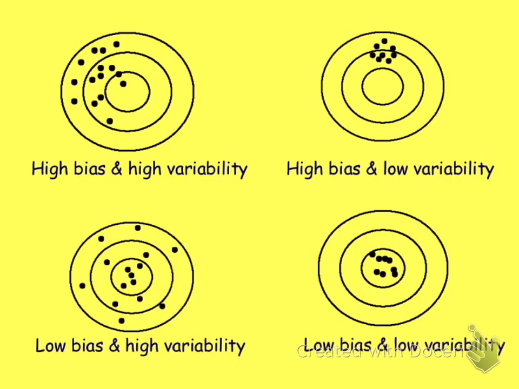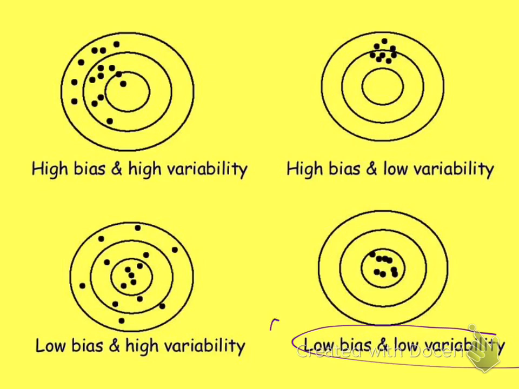So here's a visual of what variability and bias look like, where the center is the data that is unbiased. The outsides are the biased part, if you're thinking about it like a dartboard. So high bias, high variability; high bias, low variability; low bias, high variability; low bias, low variability. Low bias, low variability is what you want.